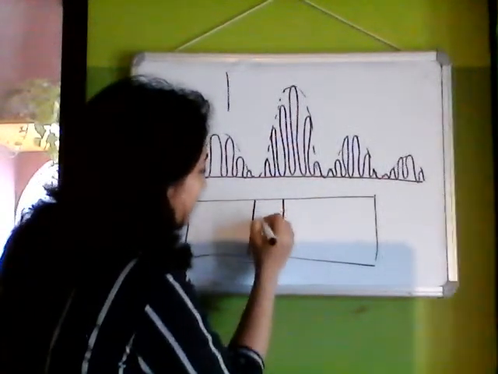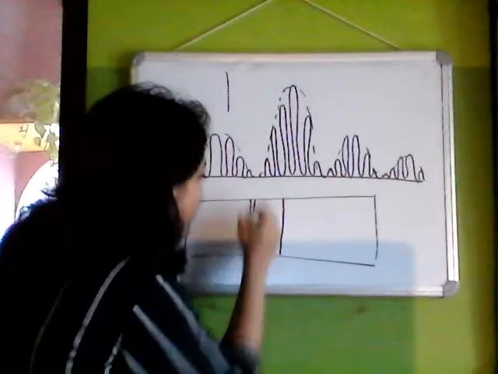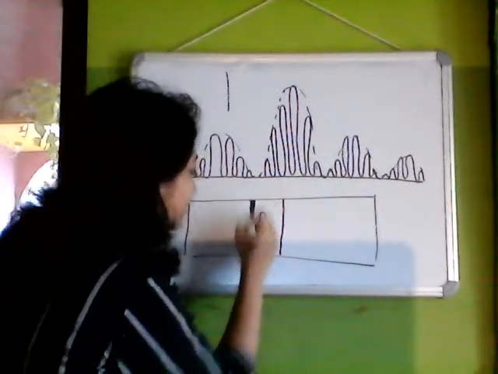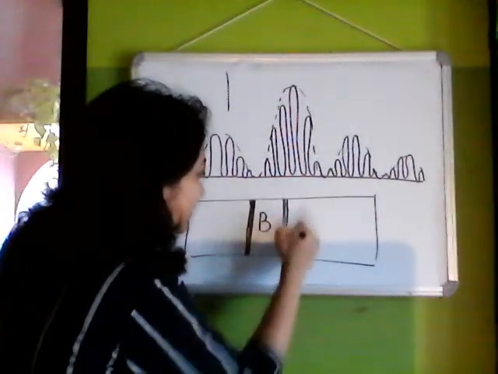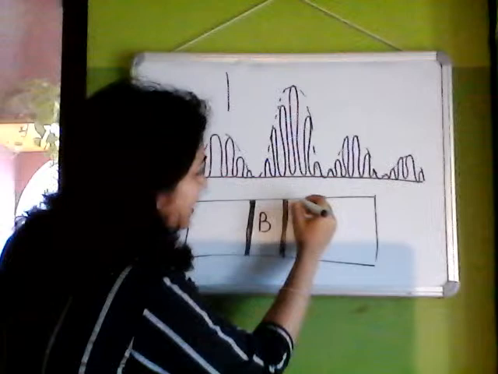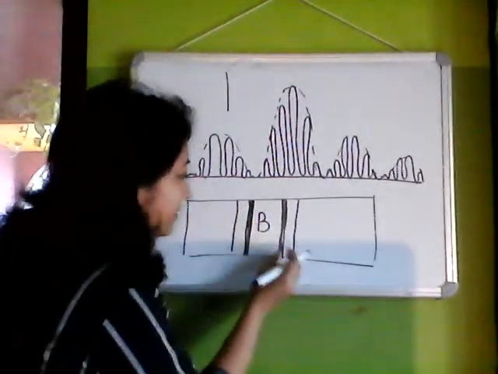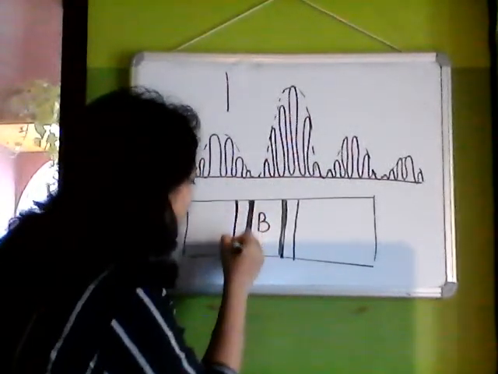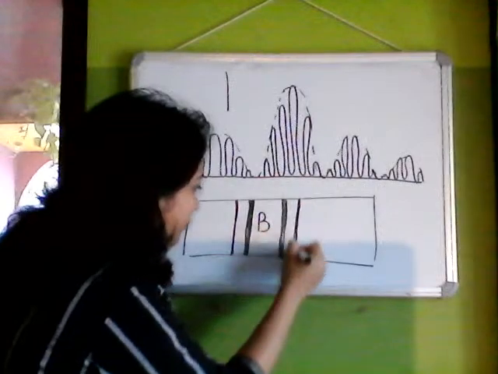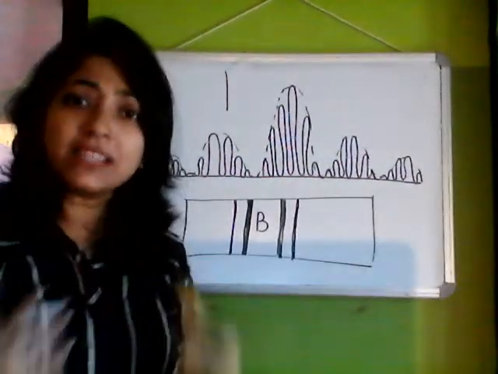This entire thing would be bright. There would be a minima condition, maybe in between these two, a dark situation on both sides. Then again, we would be seeing another bright spot, but this time the brightness would be less and also the thickness would be less. This kind of a thing we would be seeing on the screen for a single slit.